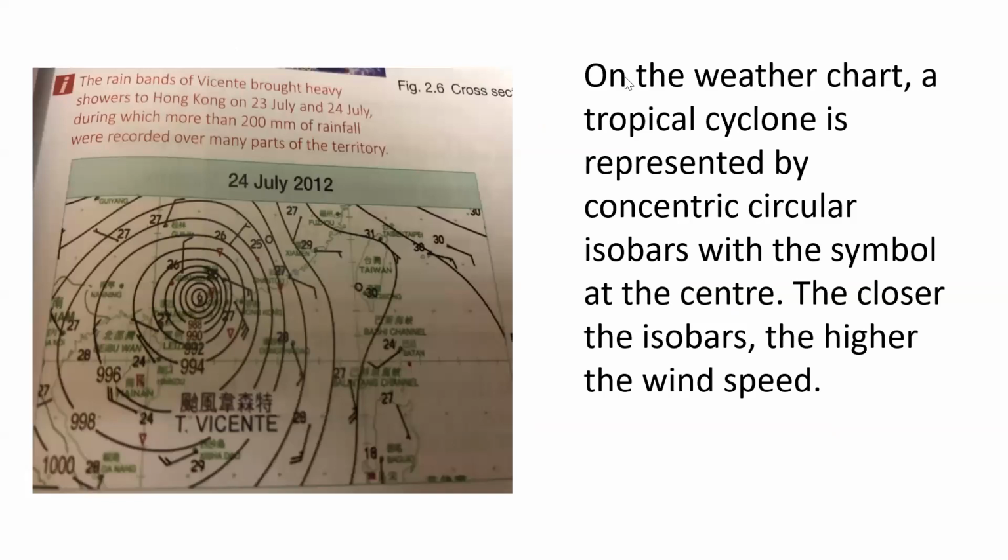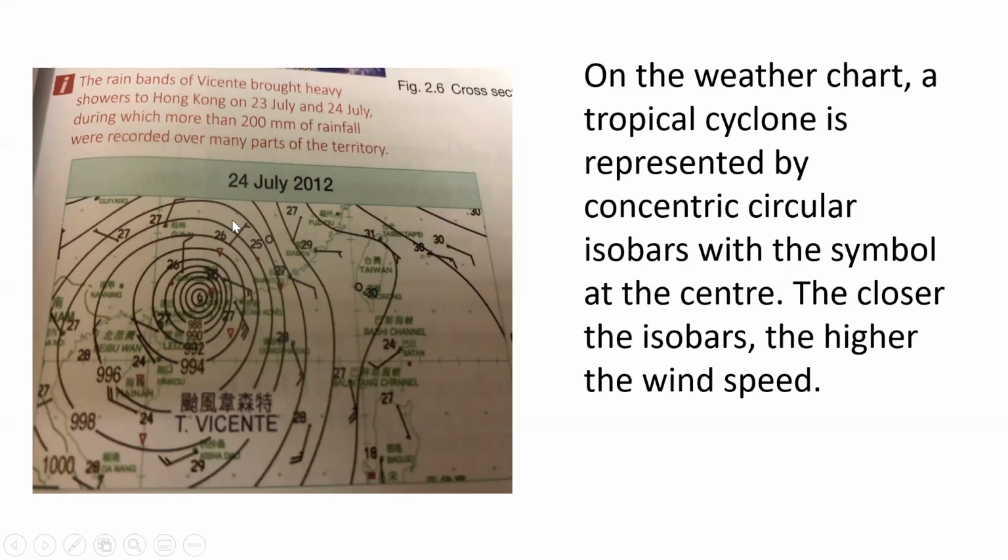Now this one, on the weather chart, a tropical cyclone is represented by concentric circular isobars. Now, this is isobar. It's circular.